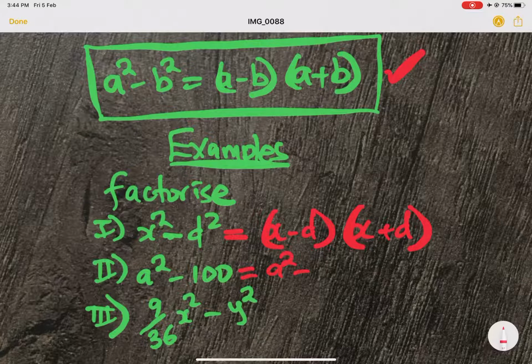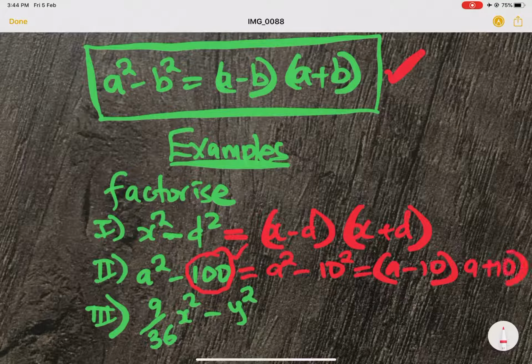So a squared minus 100 can be written as a squared minus 10 squared, because 10 times 10 is 100. So now we have a squared minus 10 squared is equal to a minus 10 and a plus 10. Okay, so that's our answer.